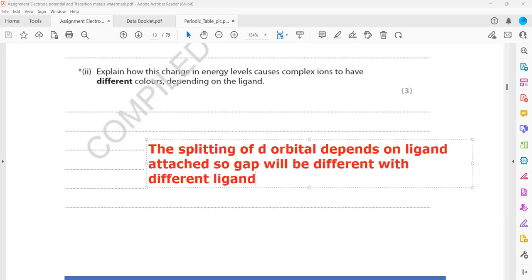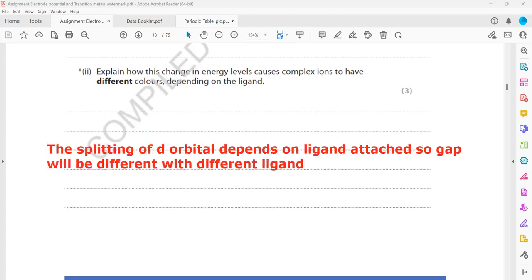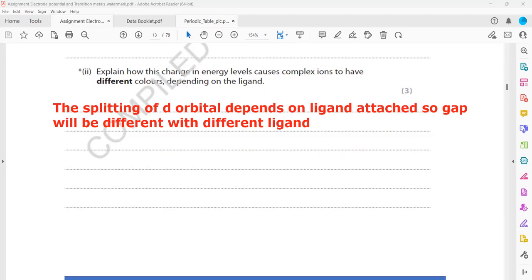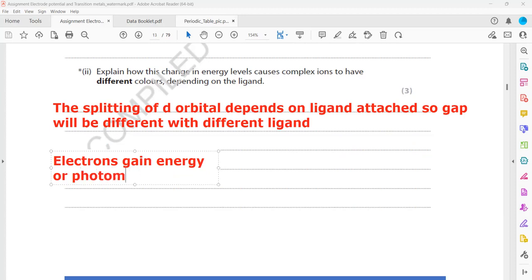That is one mark. Then what will happen? How are we actually able to see a color? What is responsible for the color? Electrons absorb and gain energy of a specific frequency, or you can say a photon of fixed energy, and move from the lower level to a higher level.